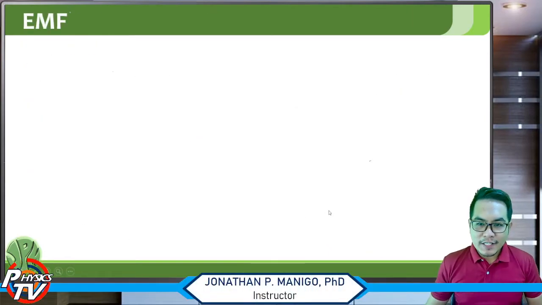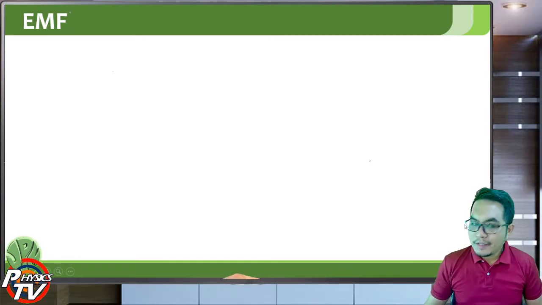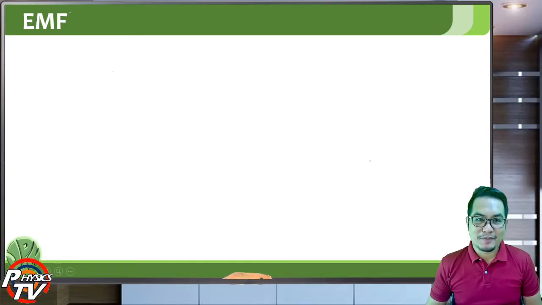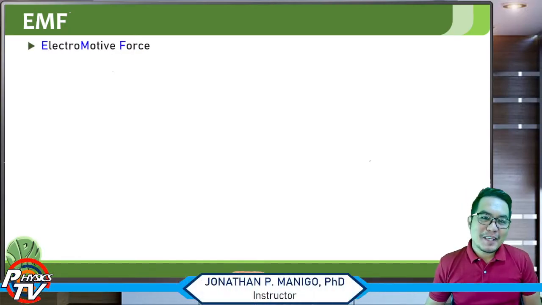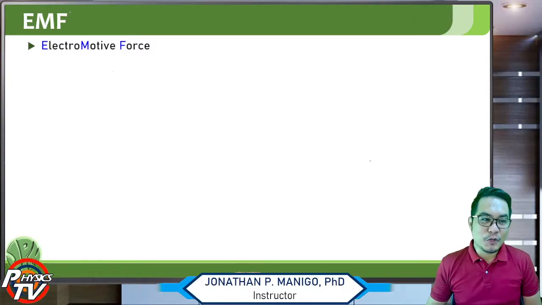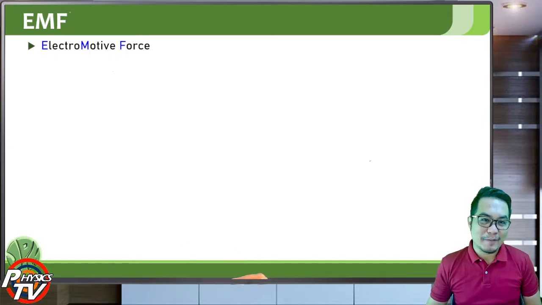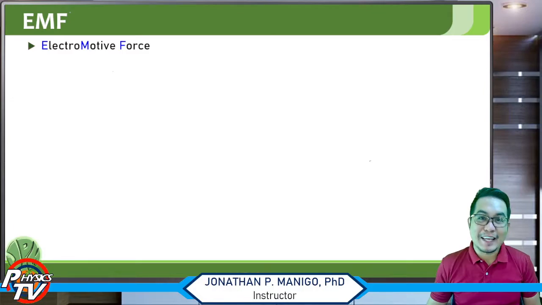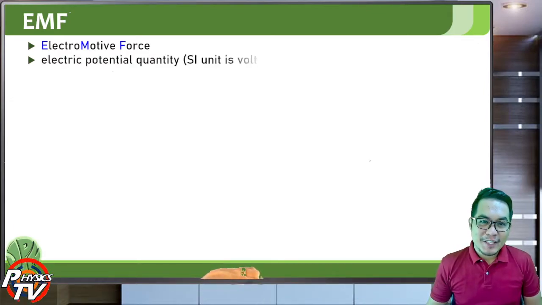Okay, so the last term that we need to define is EMF. It stands for electromotive force, but we usually don't use the full name anymore because it's quite confusing. And again, blame the electrical engineers for this convention. It's actually an electric potential quantity.